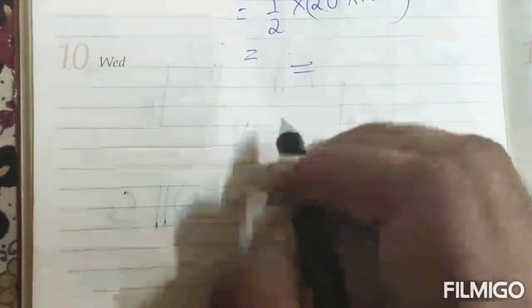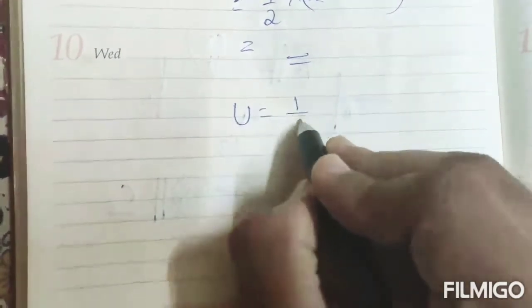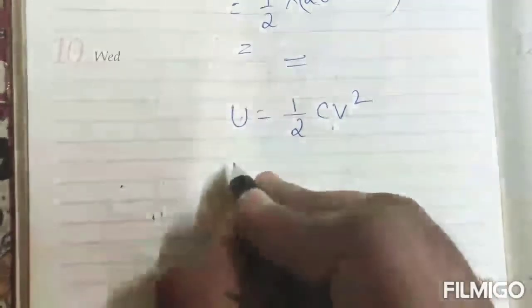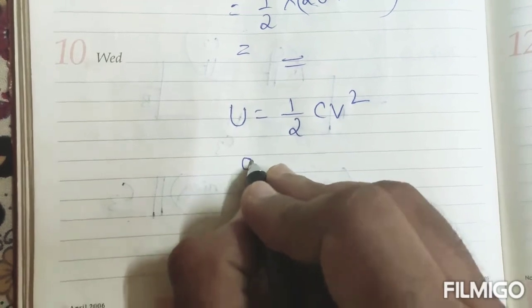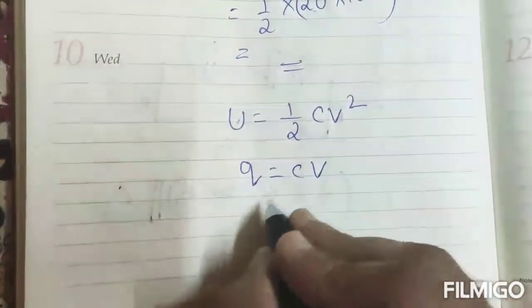Your potential energy has various formulas. One is half CV square, as we have derived. Another one is Q equal to CV, right? So what is C?